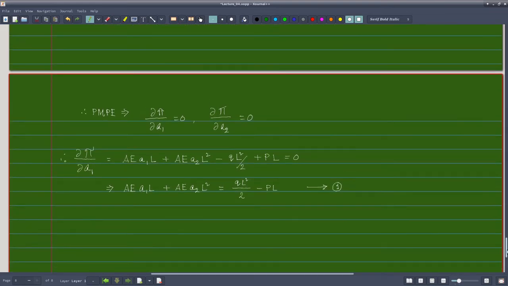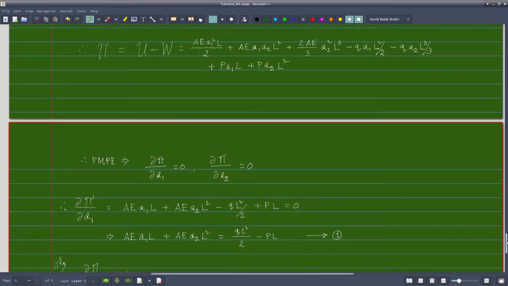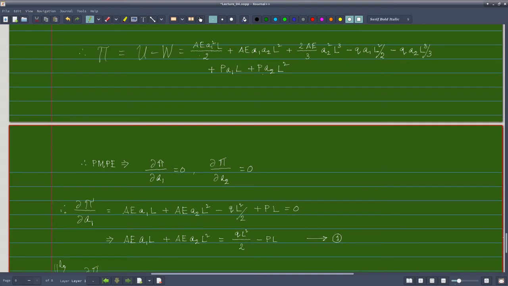And then similarly del pi del A2 will also be 0. Similarly, del pi del A2 is 0. This will give me what? This term will give me AE A1L square.